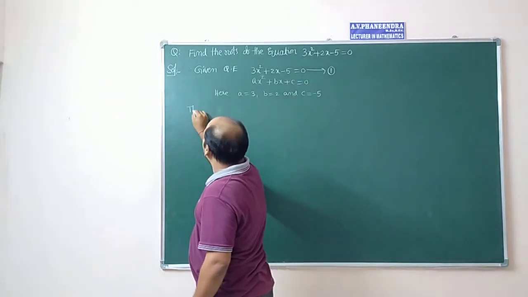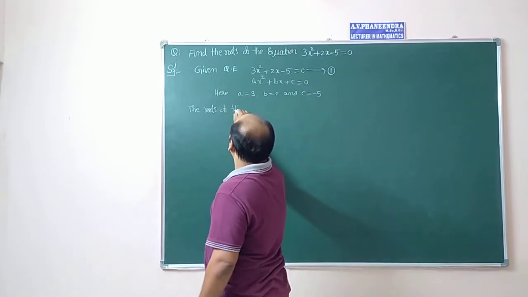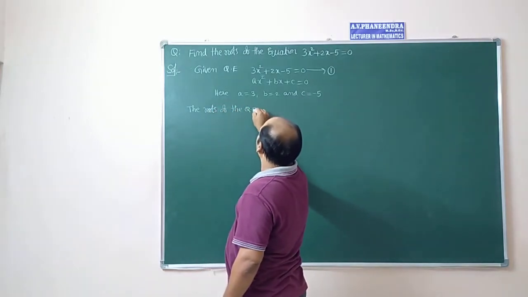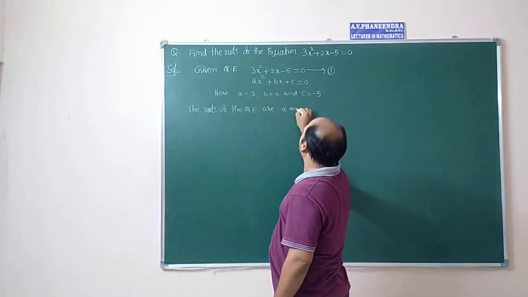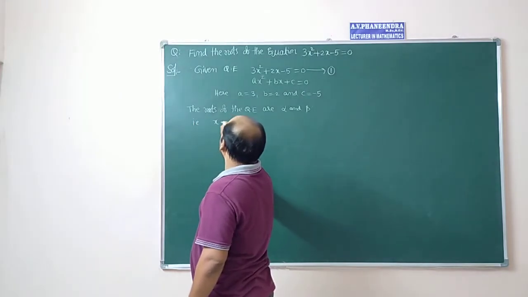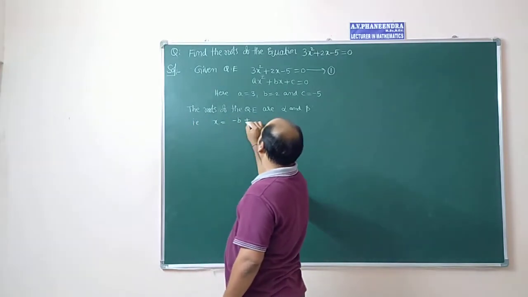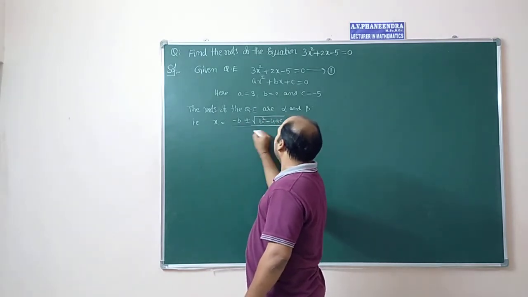The roots of the quadratic equation are alpha and beta, that is x is equal to minus b plus or minus square root of b square minus 4ac divided by 2a.